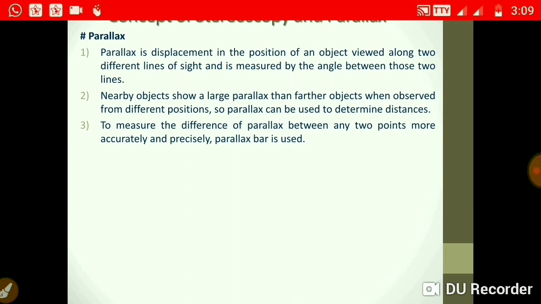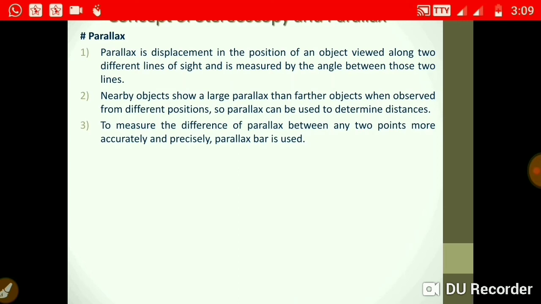That parallax can be used to determine distances. So you can find out the distance between two objects, one near to you and one away from you, using the concept of parallax.